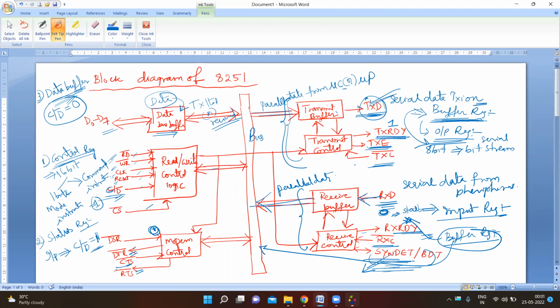So, data set ready, data terminal ready, clear to send and request to send are the control signals used in modem control. This is all about the block diagram of the 8251.